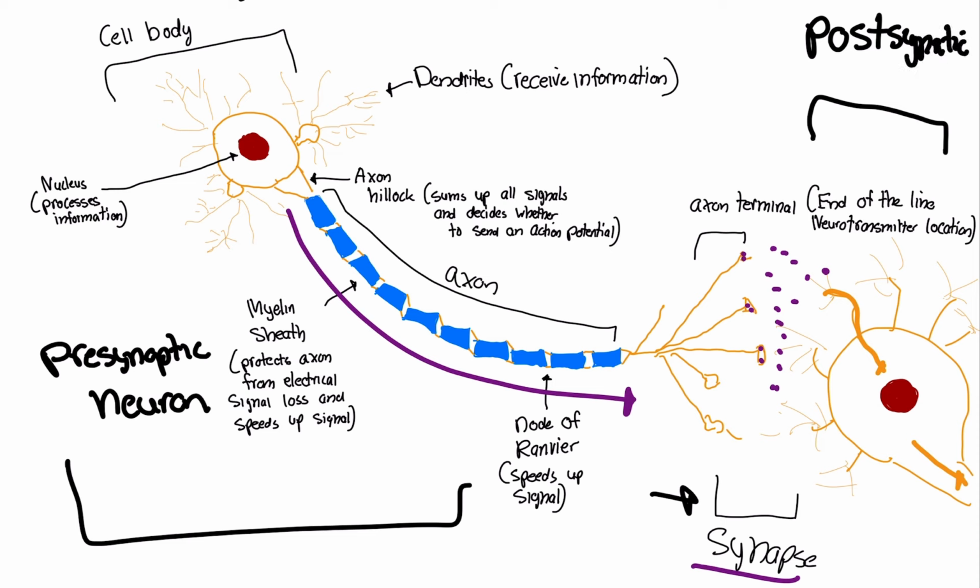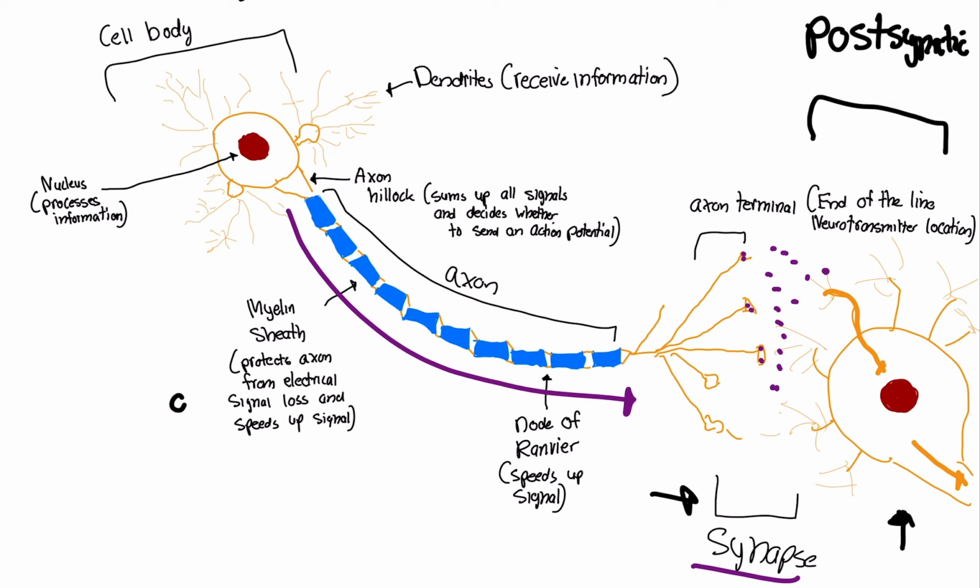So imagine we have another synapse after this, another neuron. Then this postsynaptic neuron is now called the presynaptic, and the next neuron up is the postsynaptic. And then this first one becomes nothing. We don't care about this anymore. Okay?